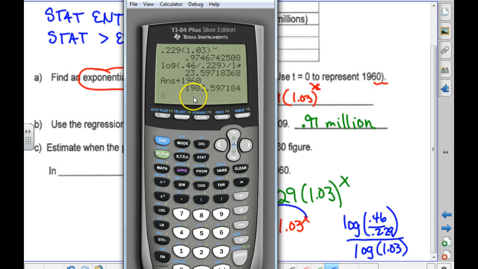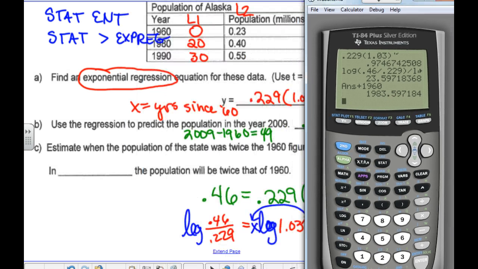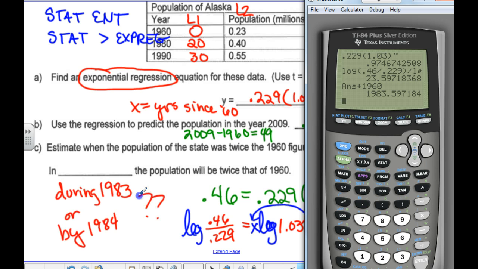So I'm thinking it's gonna happen sometime during 1983 that it would move past, or by 1984. Anyway, you get the idea.